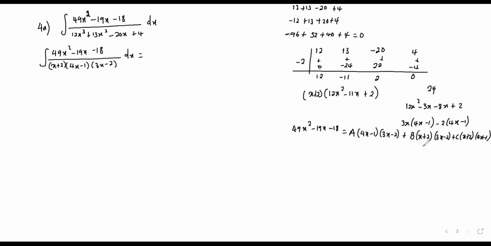So of course, when x is -2, what happens? This would disappear and this would disappear. So we're going to have a -2 here, giving us -8, which is -9.